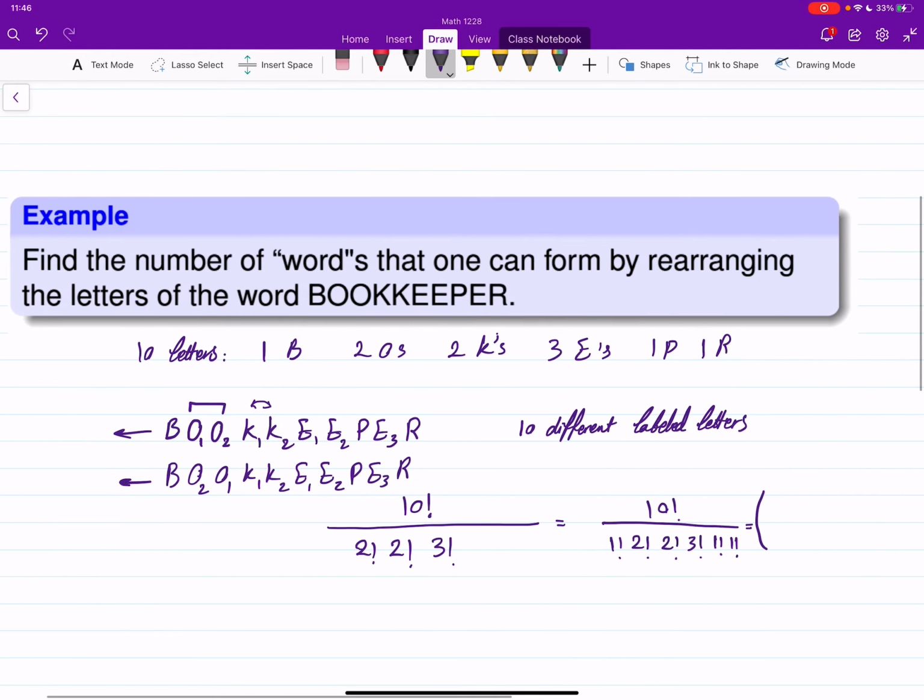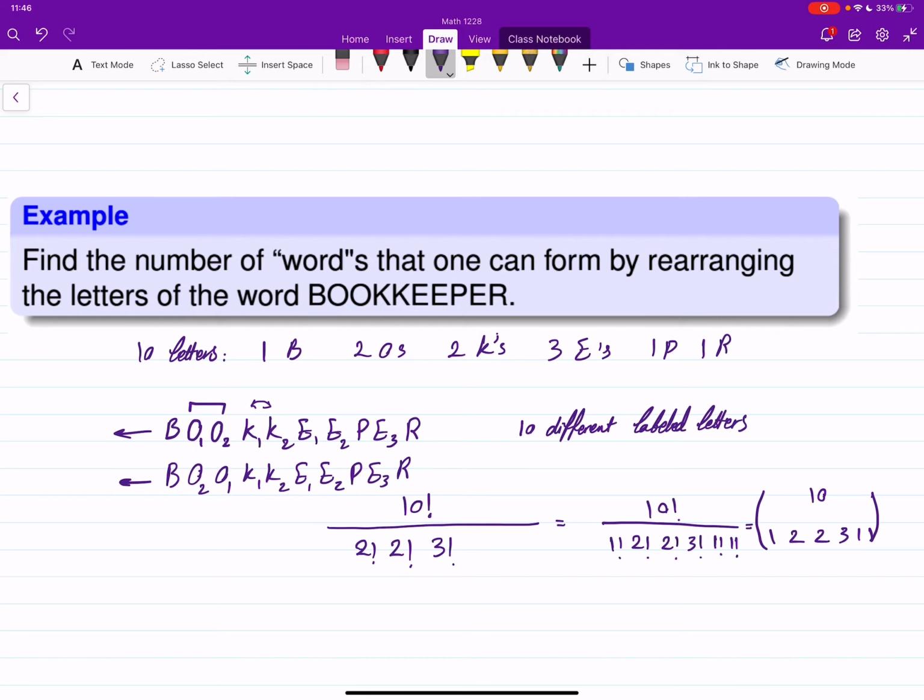When you write it that way, you notice that we are using multinomial coefficients. That is in general how it works.